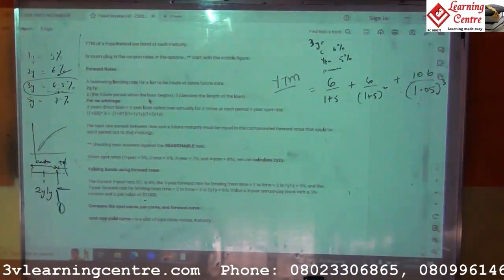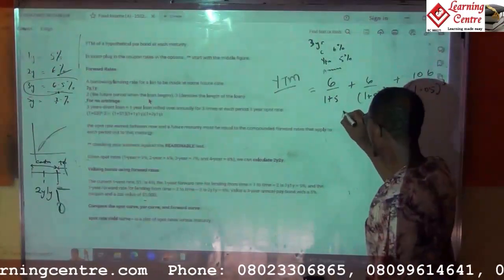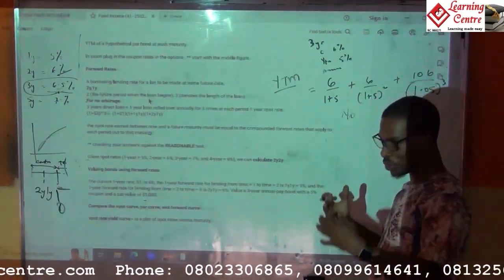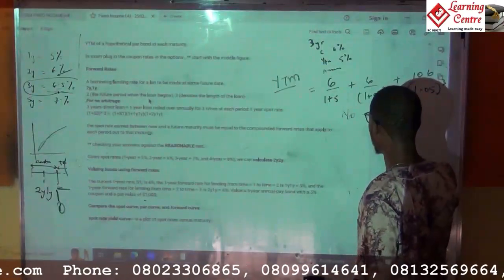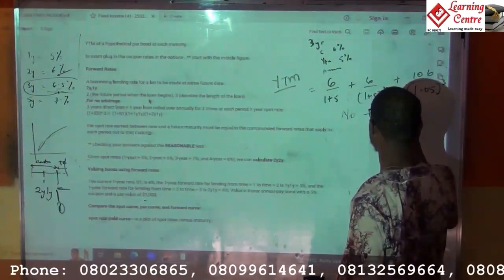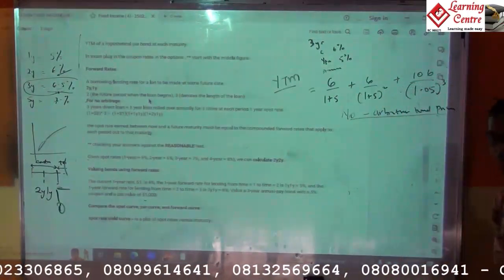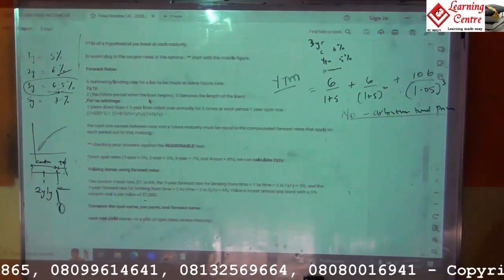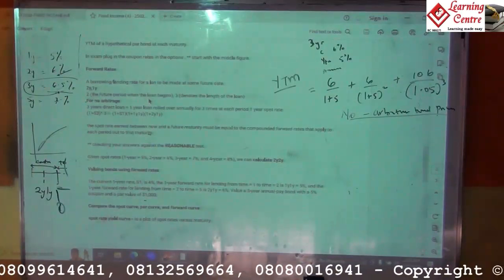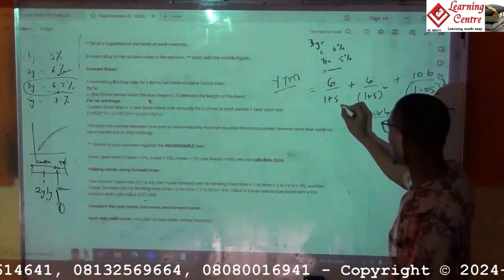Now that we have studied no arbitrage, there's what we call no-arbitrage bond pricing. This one uses the actual spot rate for every period. So how would this work?